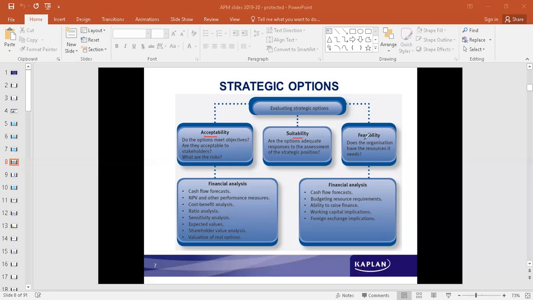Feasibility: is the plan that is prepared feasible, possible for them to implement? So these things are looked into. How do they generally understand? When various types of analysis are taken up, it gives an idea about acceptability, suitability, and feasibility.